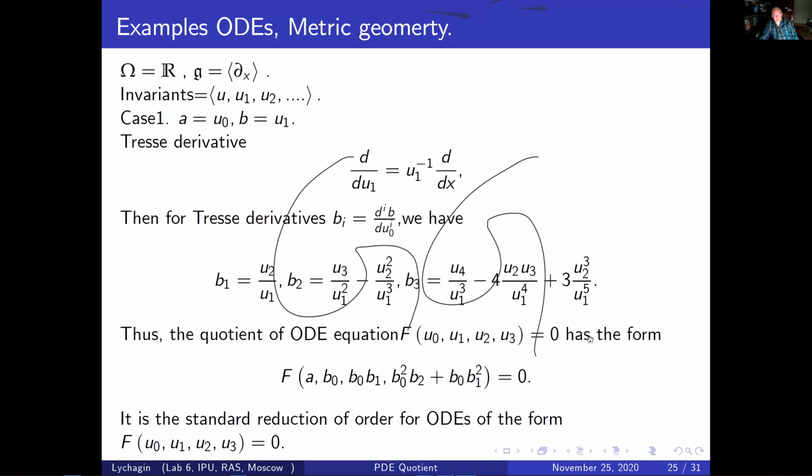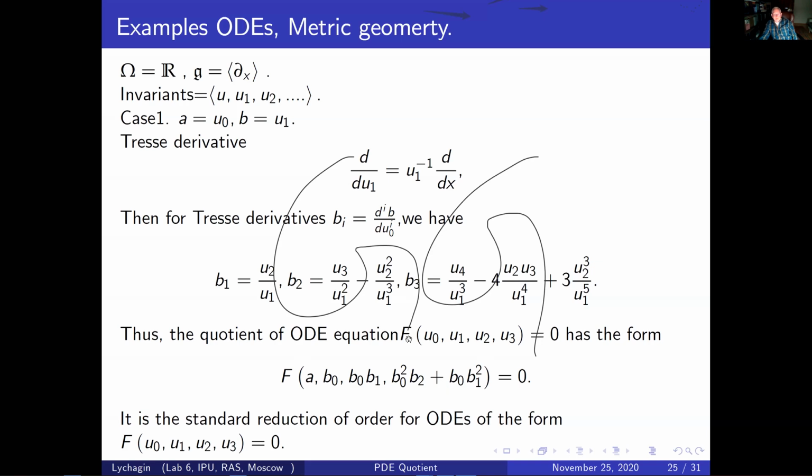And if you take an equation of third order, this F, and remove the u's and substitute B's, you will get an equation of the second order in these invariant derivatives.